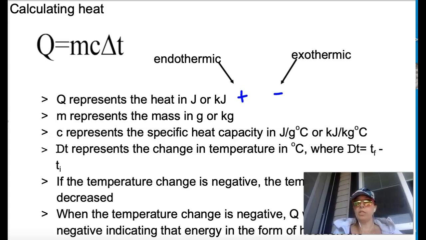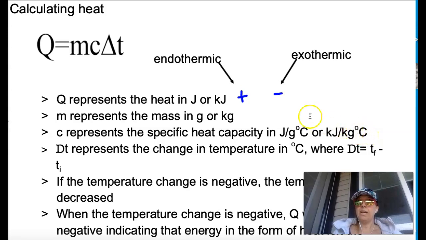Some objects heat up really quickly, some objects take a lot longer to heat, and they are going to have different specific heat capacities, okay? So specific heat capacity is either in terms of joules per gram degree C or kilojoules per kilogram degree C, okay?